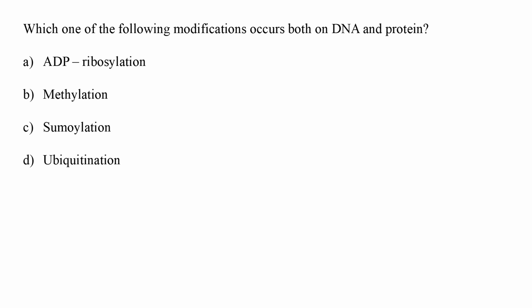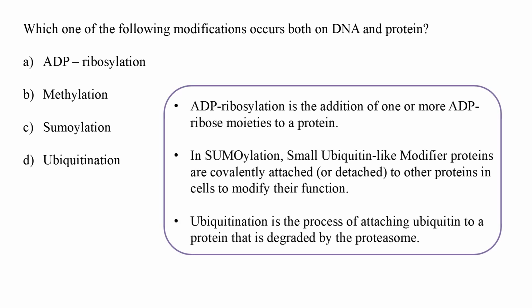Which of the following modifications occurs both on DNA and protein? Now, ADP ribosylation is the addition of one or more ADP ribose moieties to a protein. In SUMOylation, SUMO stands for small ubiquitin-like modifier proteins that are covalently attached or detached to other proteins in the cells to modify their function.